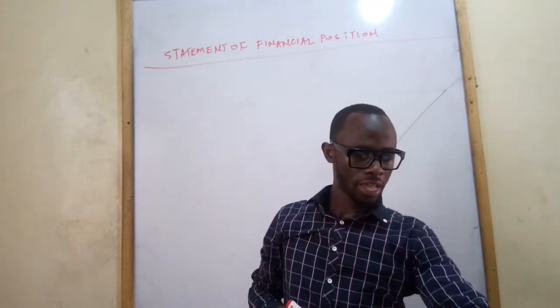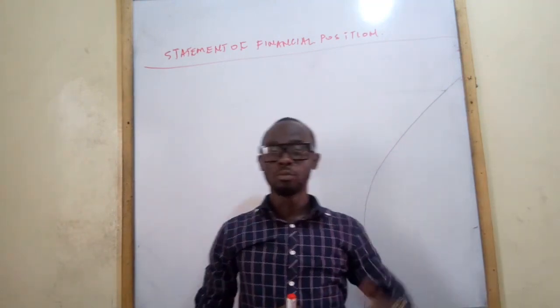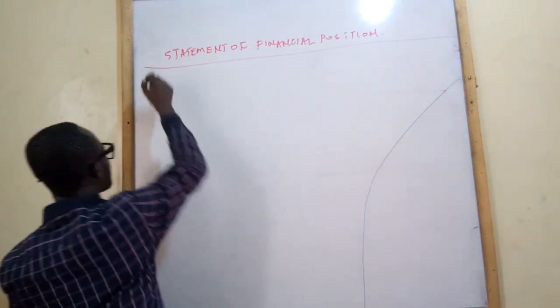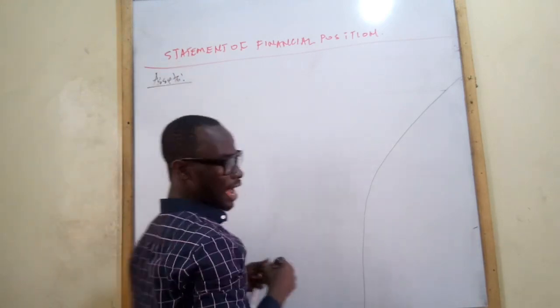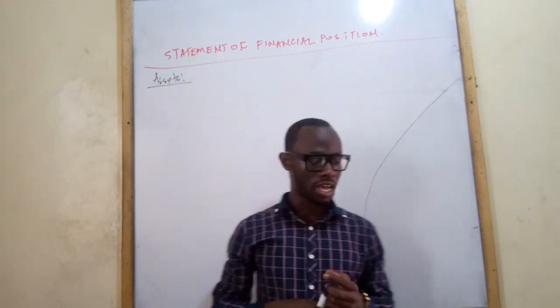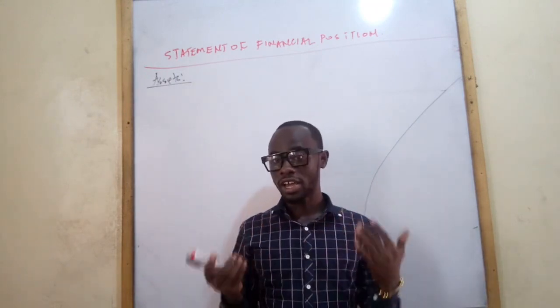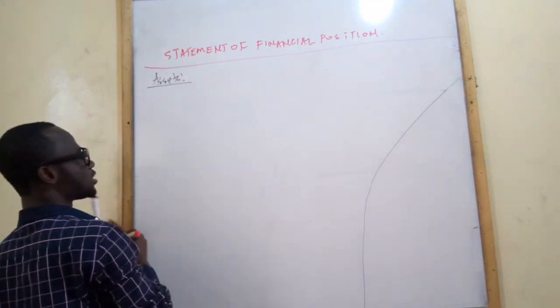Now, how do we prepare the statement of financial position for the consolidated fund? All we do is bring our assets, then under the assets, remember I mentioned that we can divide them into non-current assets and what? Current assets. So looking at this question, let's do that.